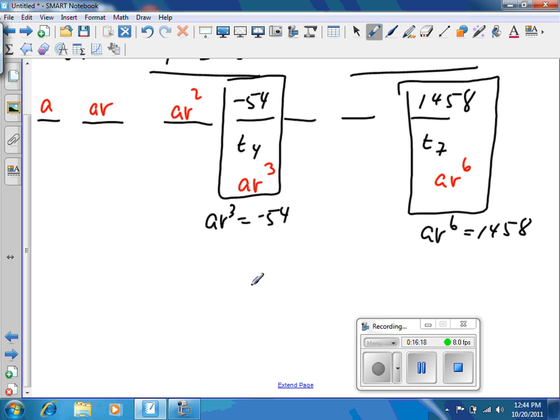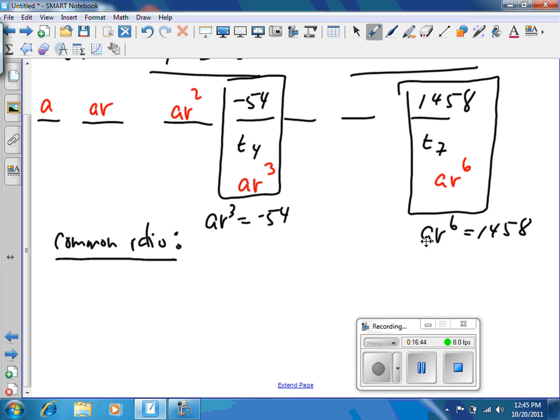Now, this is a very common strategy I'm going to show you in this chapter. If I take the ratio of this term to this term, I'm going to find the common ratio, R. But what I'm going to do is a little bit different. You probably haven't done this before.